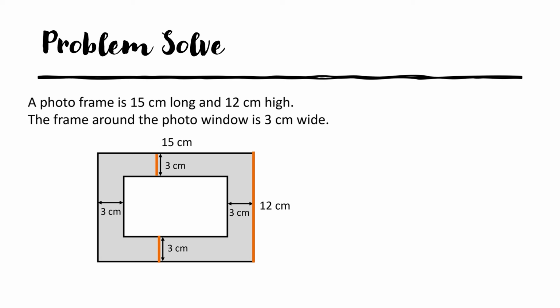The height of my photo window is 3 centimetres on the top and 3 centimetres on the bottom. I'm going to add these two numbers together to get 6 centimetres. I am now going to take 6 centimetres away from 12 centimetres to give me the height of my photo, which obviously would be 6 centimetres.